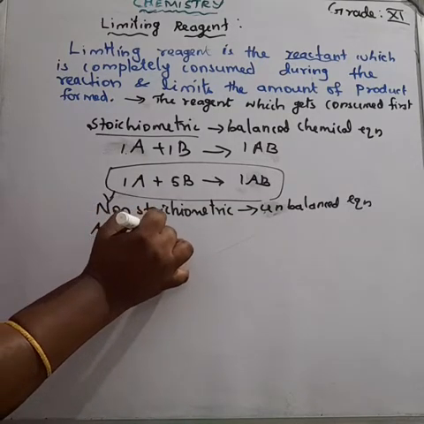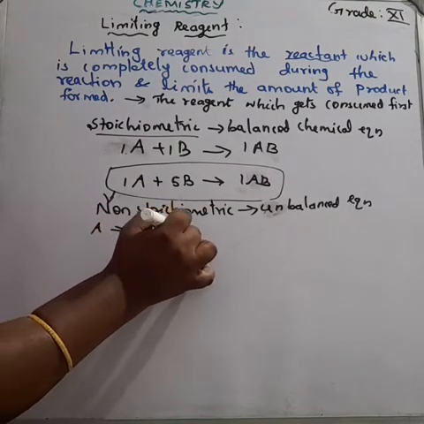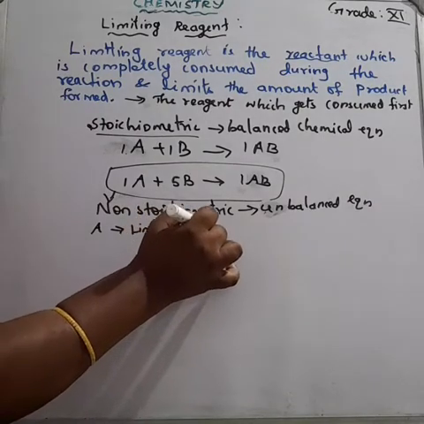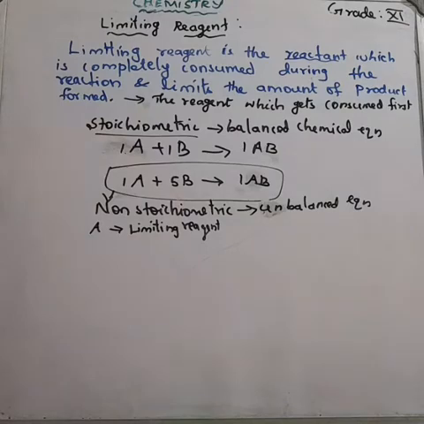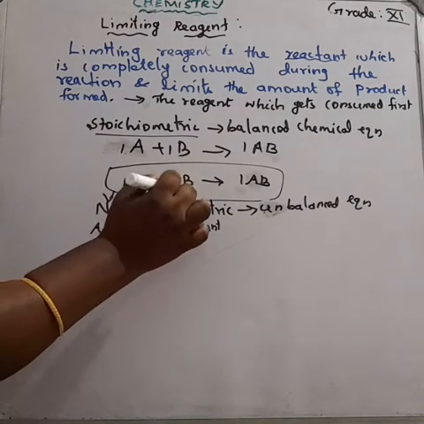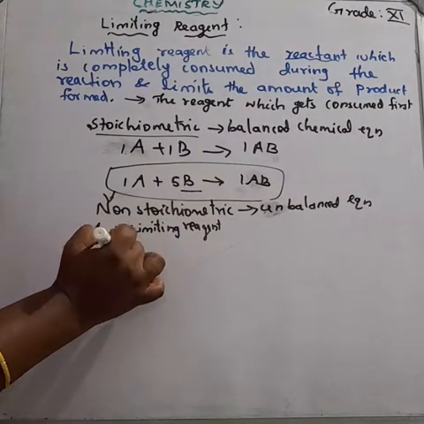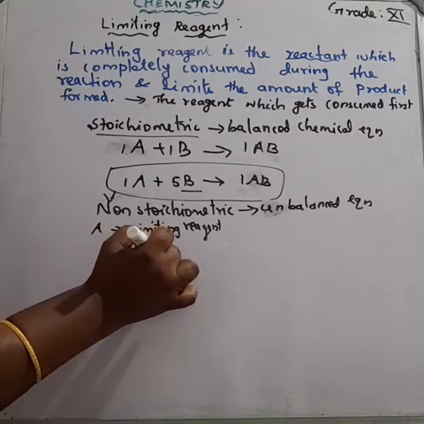So all of the reagent A will be consumed. That is called a limiting reagent. The reactant B we call the excess reactant, the excess reagent.